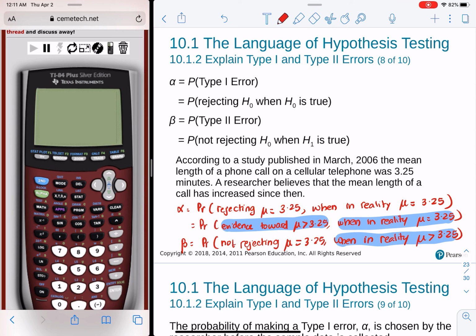Then we made an error, and that error is type 2 error.